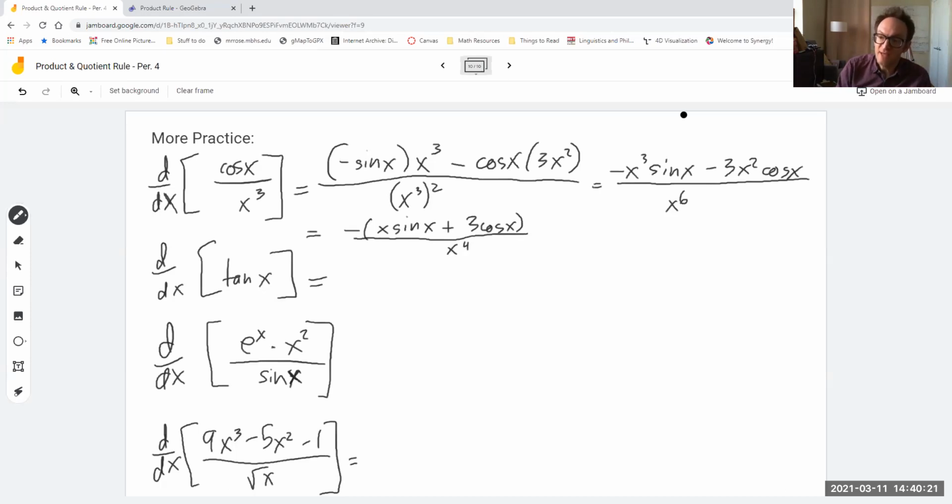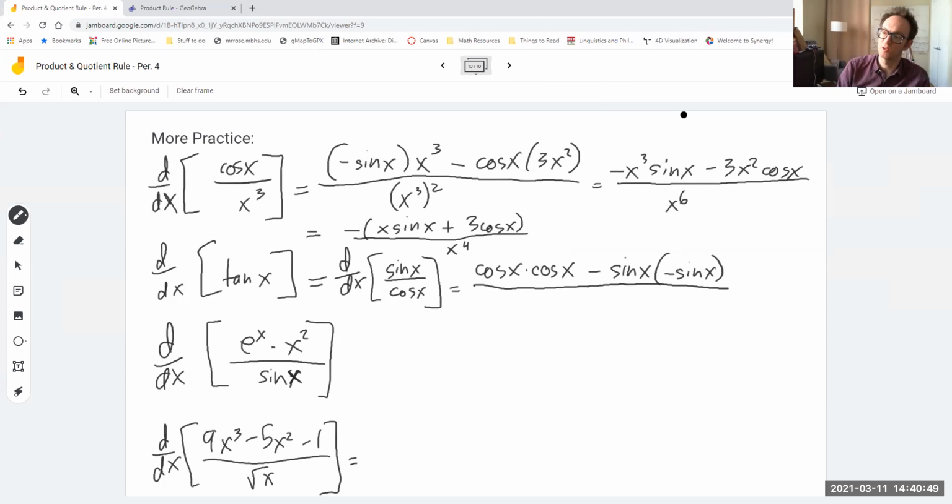Okay, derivative of tan. Once again, I can represent tan as sine over cosine. So it's the derivative of the top, which is cosine, times the bottom, another cosine, minus the top, which is sine, times the derivative of the bottom, which is negative sine, all over cosine squared.